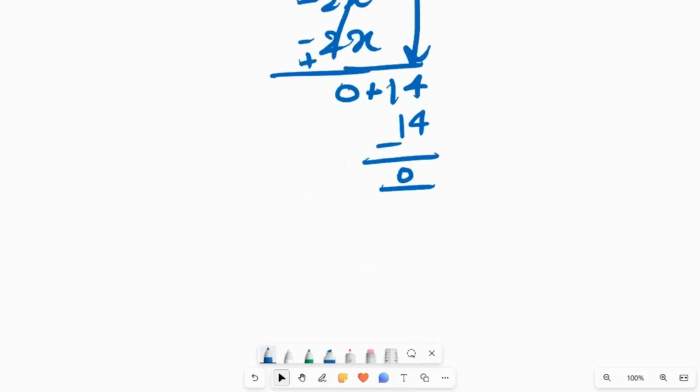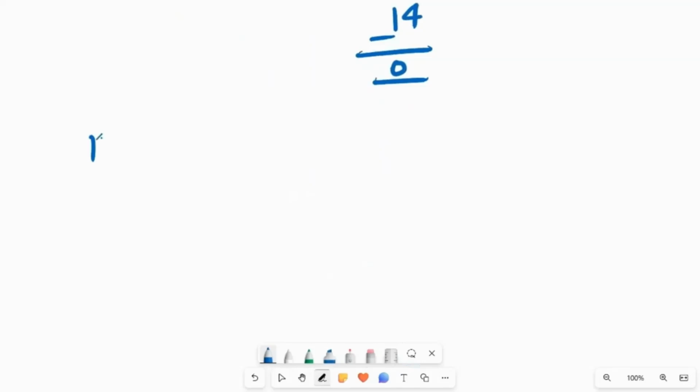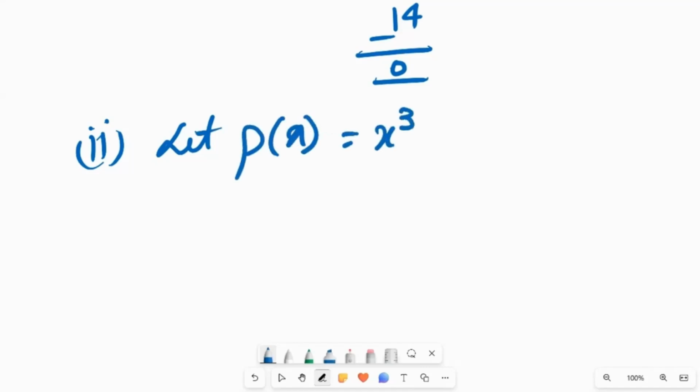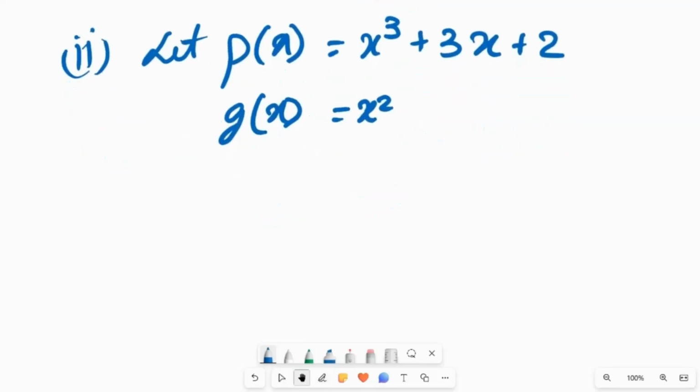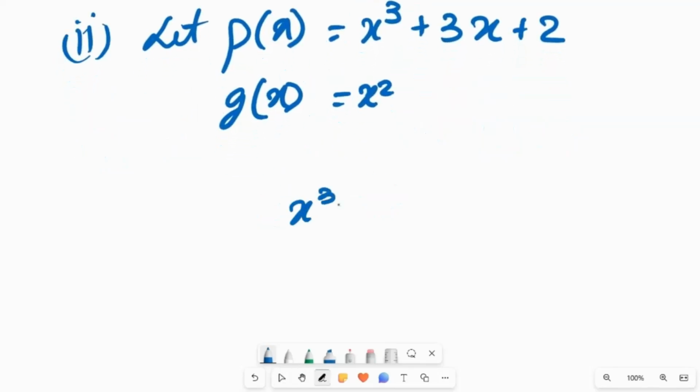For this to happen, let's take for second question, let p of x be x cube plus 3x plus 2 and divisor equal to x square. Let's divide both, x cube plus 3x plus 2 divided by x square.